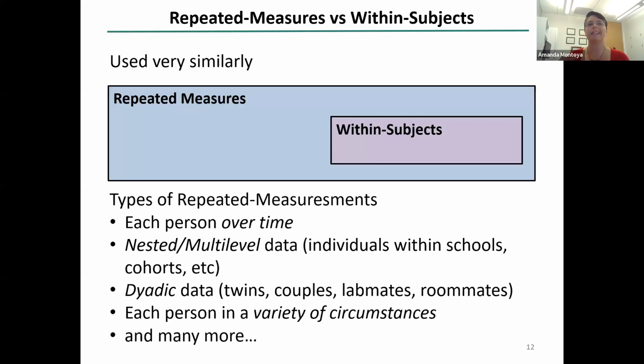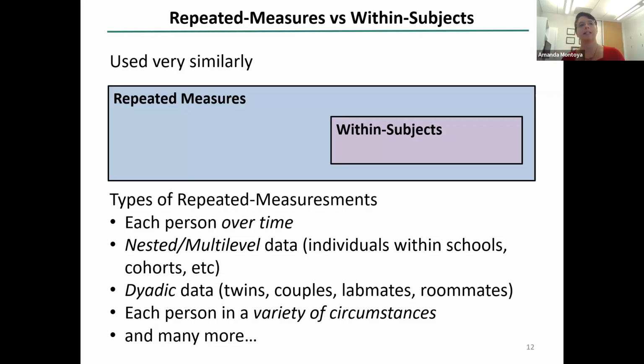There are a lot of different kinds of repeated measures design. We could survey people across time. We could have nested or multi-level data. For example, individuals within schools can be considered a repeated measures design because we are measuring different people within a school, so we're measuring the school repeatedly.